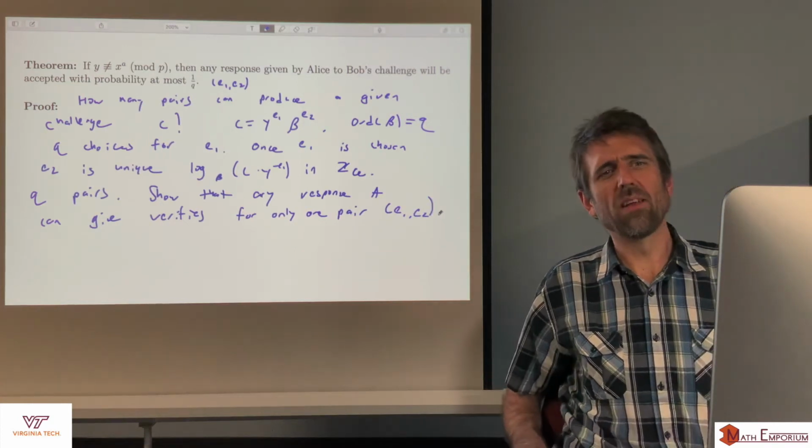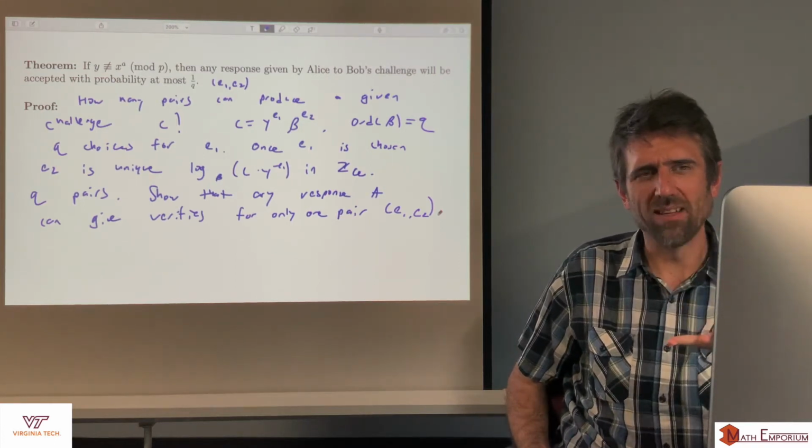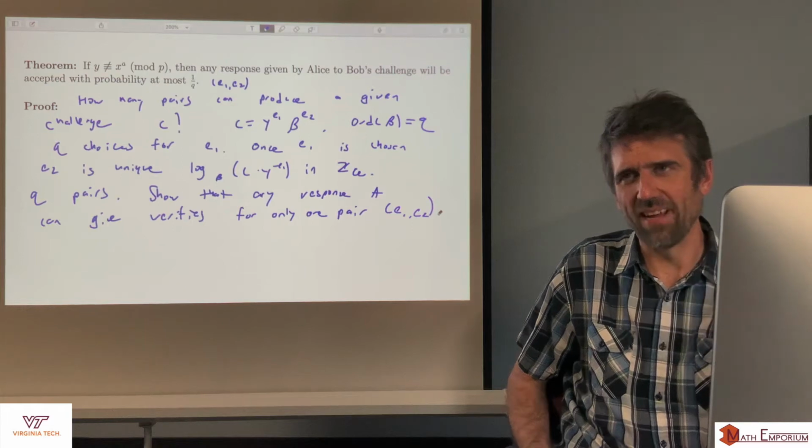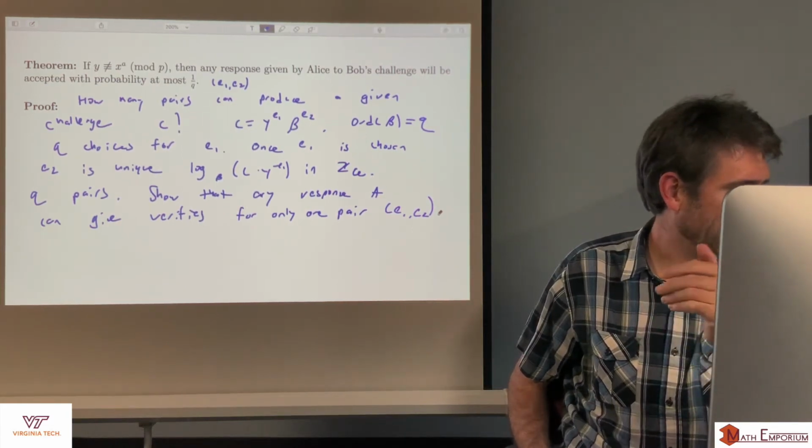Since it verifies for only one pair, but there were q possible pairs that could have produced the challenge, then Alice is basically just guessing here, and there's only a 1 in q probability that she'll guess correctly.